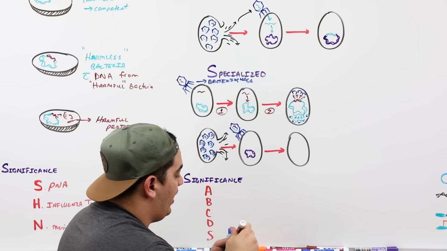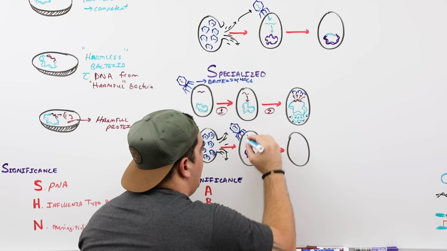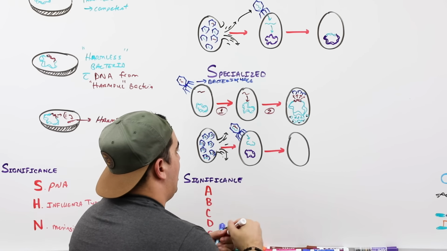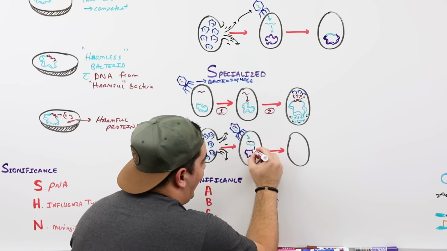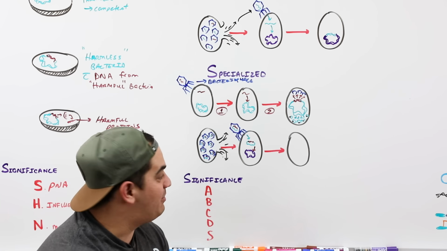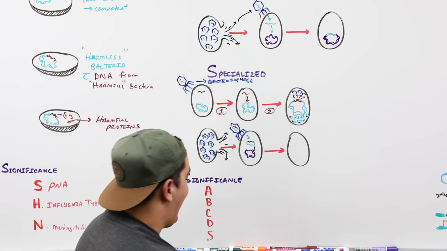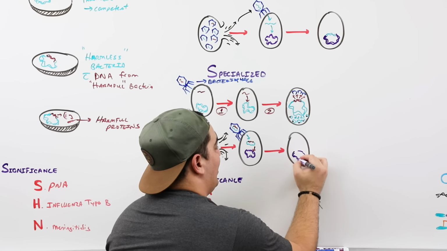And that's going to get put into this bacteria. So here comes this DNA, which is a mixture of bacterial DNA and phage DNA. And guess what? It's going to get incorporated into the DNA of this bacterial cell number 2. And as a result, you're going to get a huge change in diversity here.